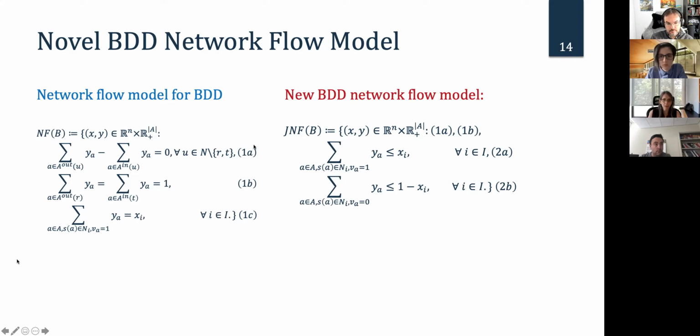The first two constraints are the same, balance of flow and flow equal to 1, but we express this combination differently, as the capacity of the arcs. All the arcs in the same layer that have a value equal to 1 are going to be constrained to have flow no more than xi.